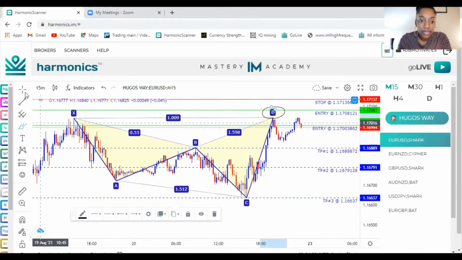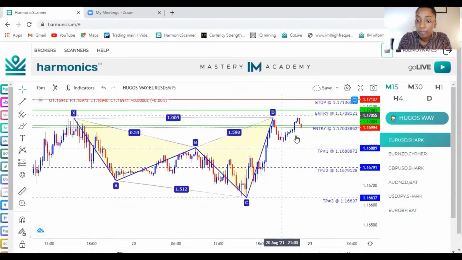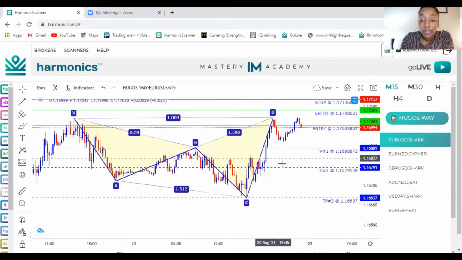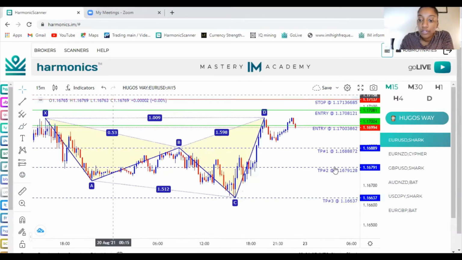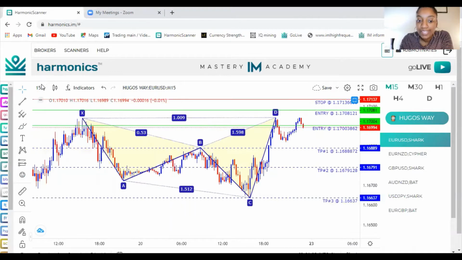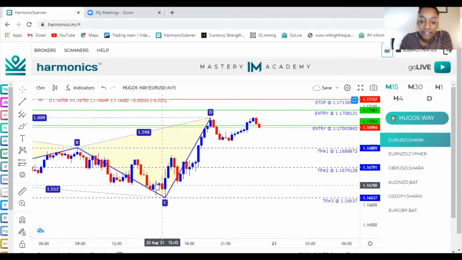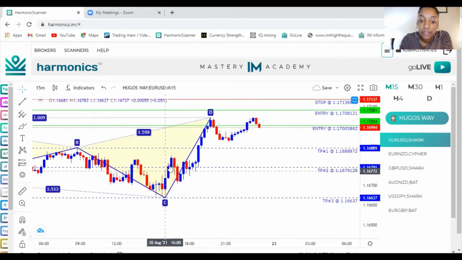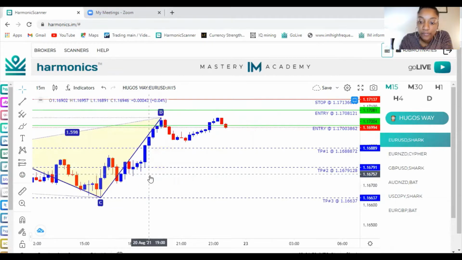So the Harmonic Scanner right now, today is Saturday, so the market is closed and will open tomorrow at 5 p.m. Eastern Standard Time. The Harmonic Scanner called Euro USD on the 15-minute chart. What that means is every candlestick that you see here is formed every 15 minutes.